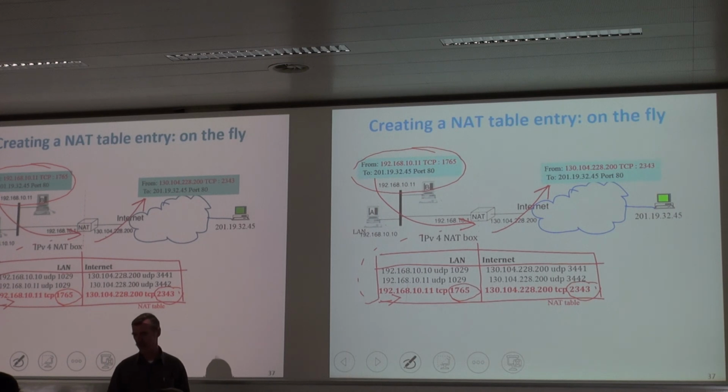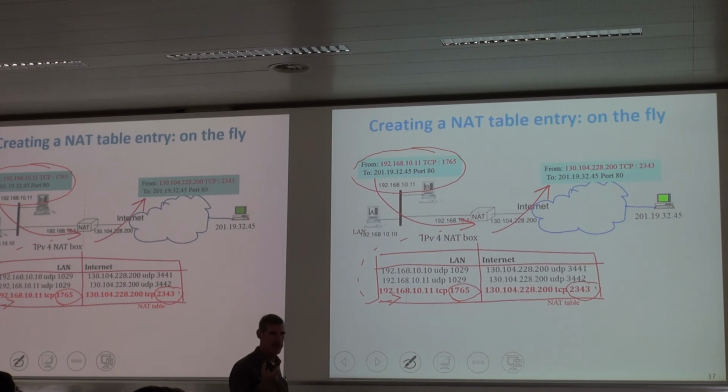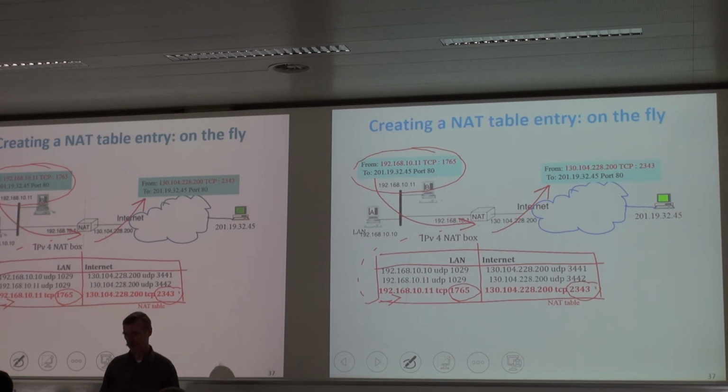When the reply from the web server comes, the web server will think it is the NAT that is speaking to it with this source port number. So it will reply to the NAT, but the NAT, of course, will not analyze the messages sent by the web server. It will go directly to the table, swap the TCP port number and the IP address back to their original values, and everything will work.